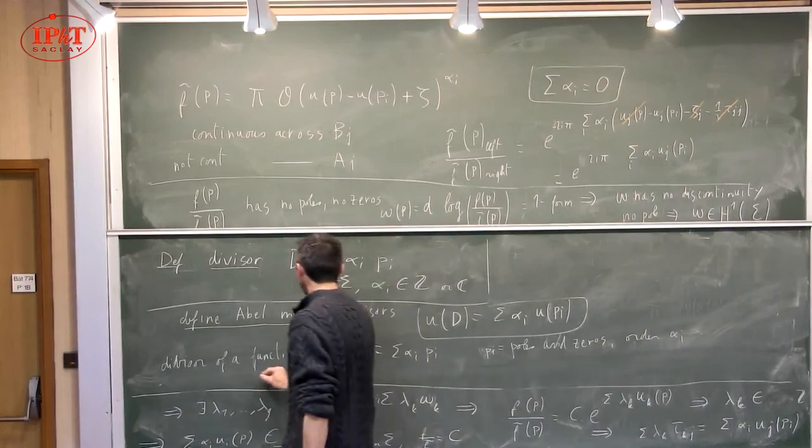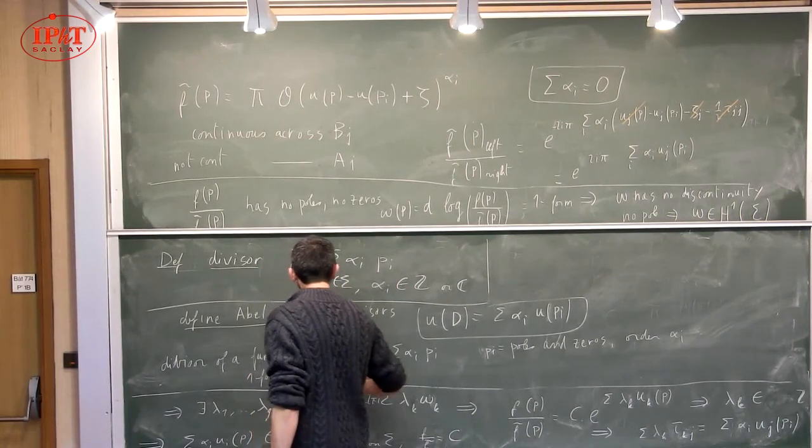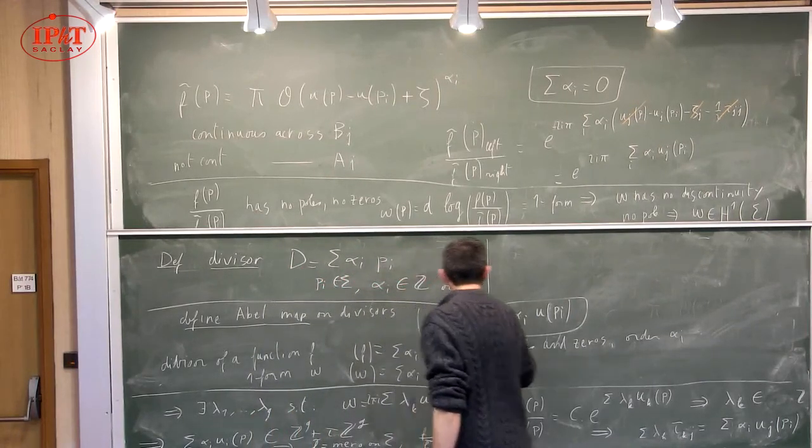And for a one-form omega, we shall write (omega) equals the sum of alpha i p_i, with the same definition.